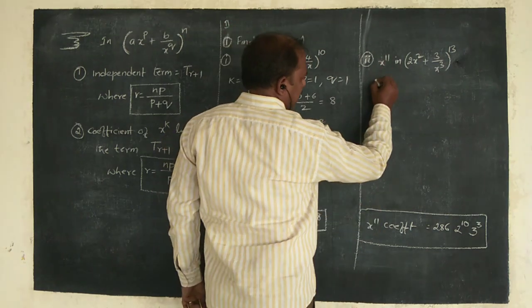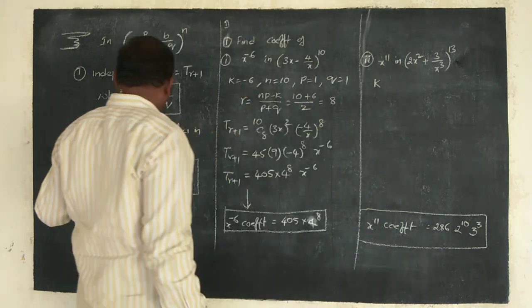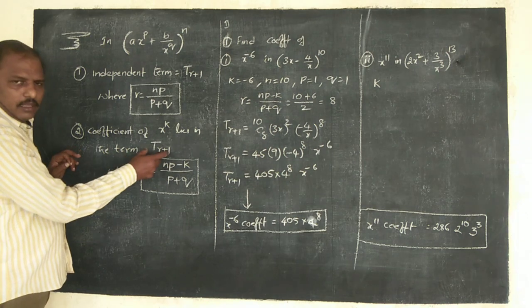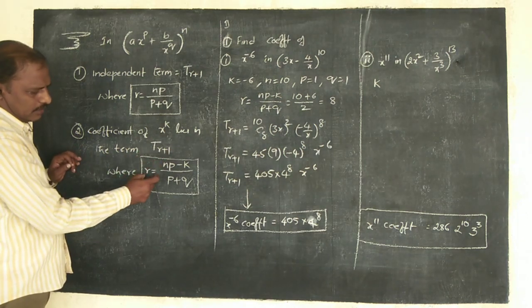Find the coefficient of x power 11 in this. Here, n is given. The coefficient of x power k lies in the term Tr plus 1, where r is equal to this.